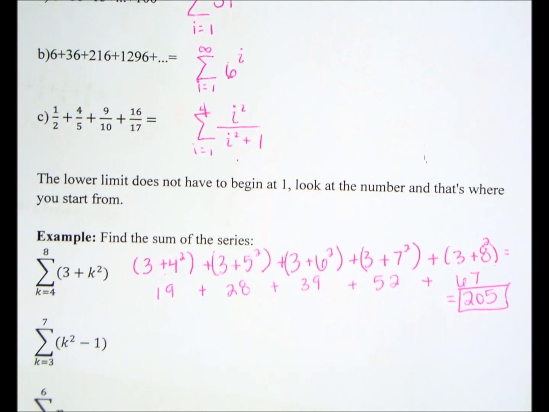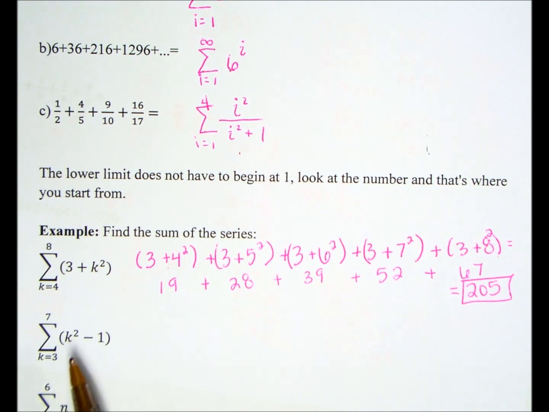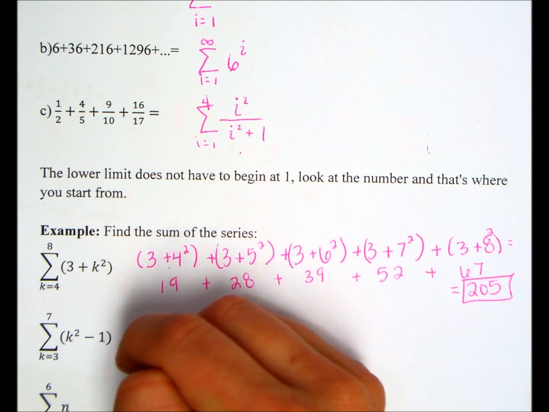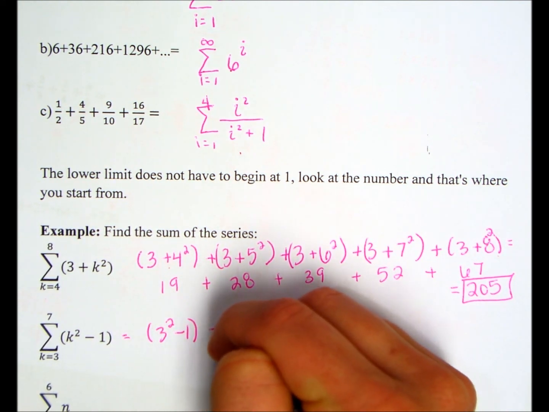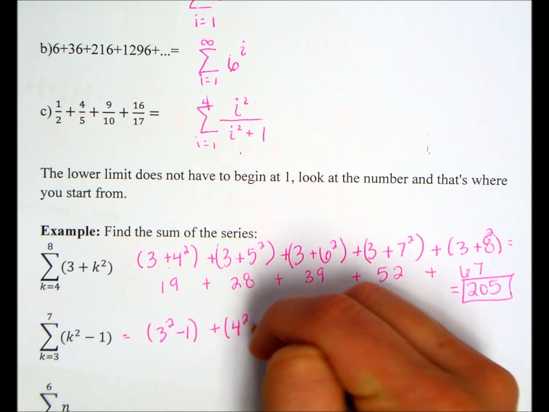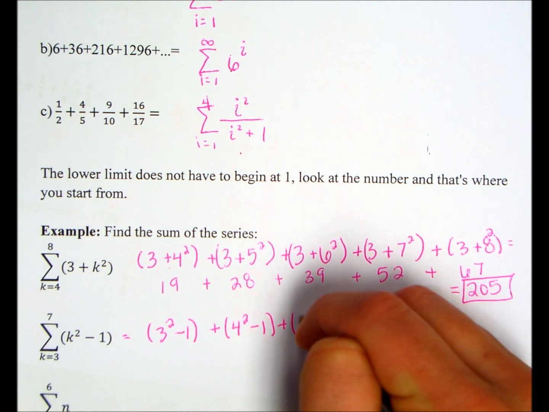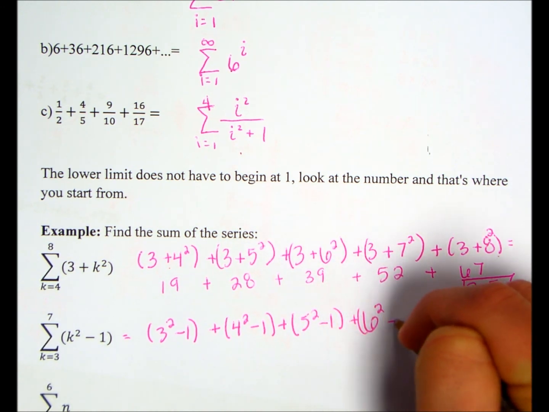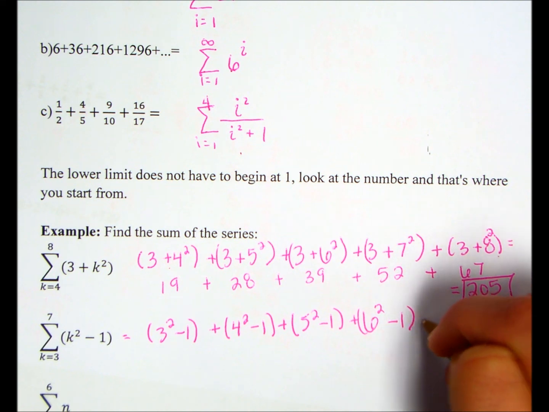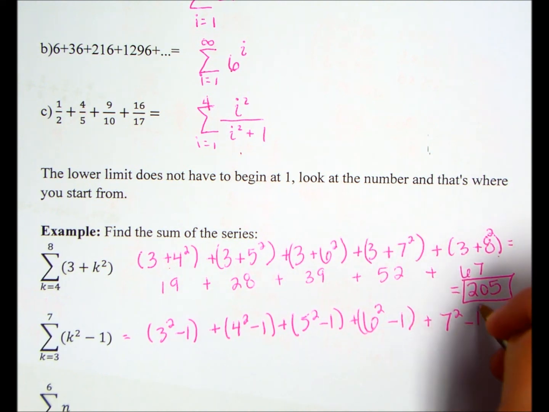All right, and then if I look at my second one, notice here now I'm starting at the 3rd term and I'm going to the 7th term. So all I'm going to do is plug 3 in for k, and I'm going to go all the way up to 7. So this is then 3 squared minus 1 plus 4 squared minus 1 plus 5 squared minus 1 plus 6 squared minus 1, and finally plus 7 squared minus 1.